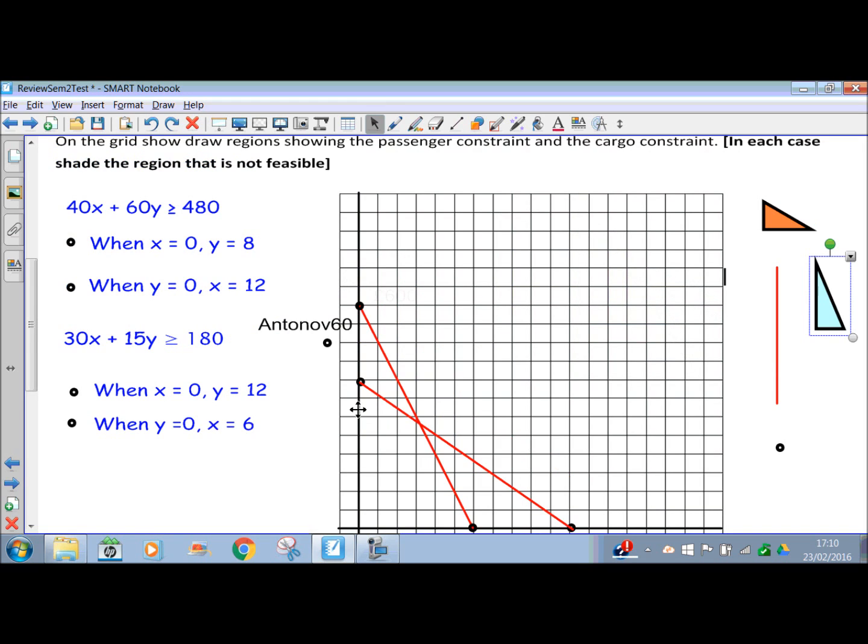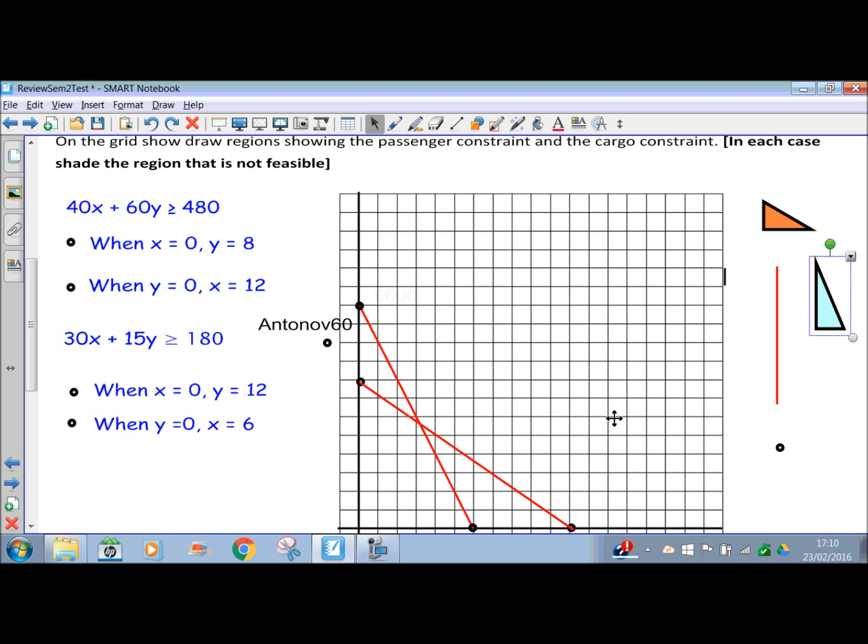When we have drawn the 2 boundary lines, we need to shade the region that's not feasible or not required. The region that is required for the inequation 40x plus 60y is greater than or equal to 480 is the region of the graph above the line.